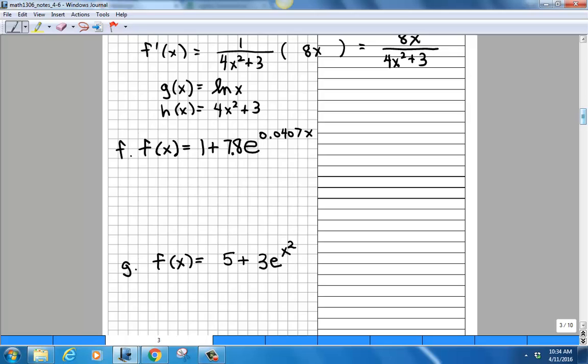So convince your neighbor that you've got the right answer. And if your neighbor doesn't agree, then you'll have to come to a consensus there.